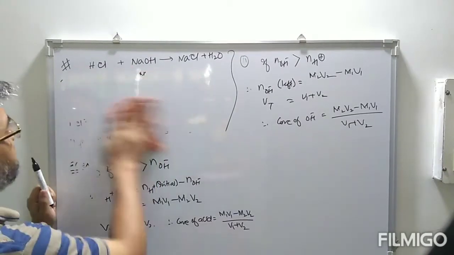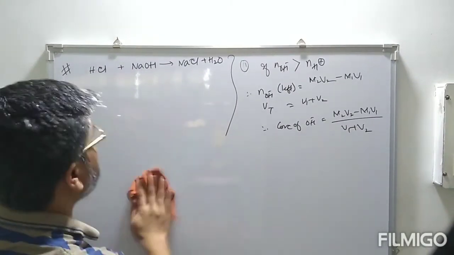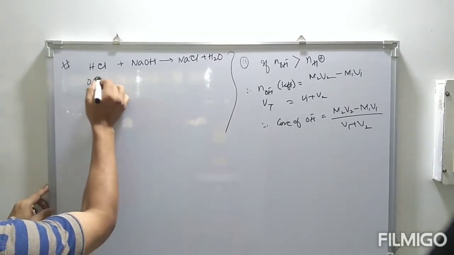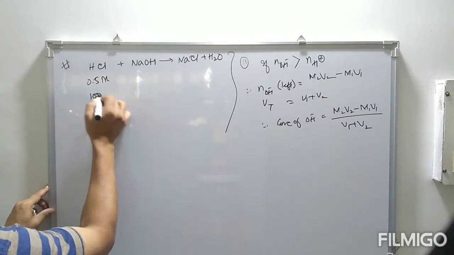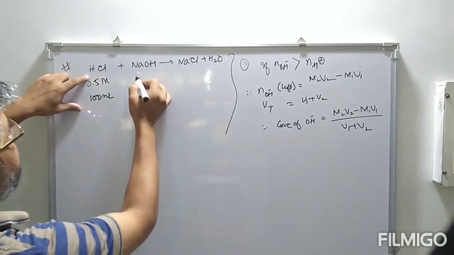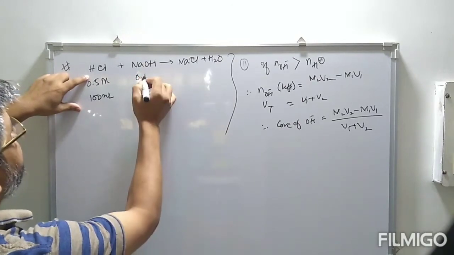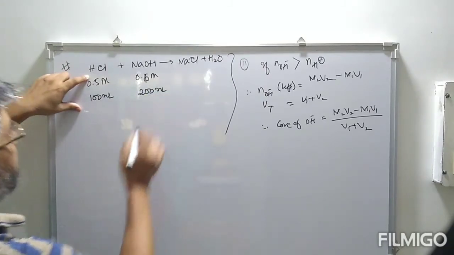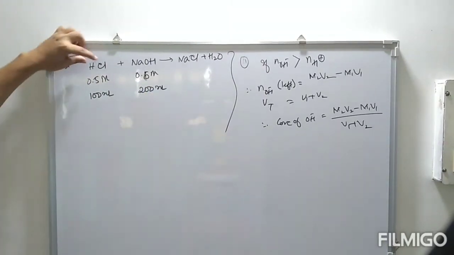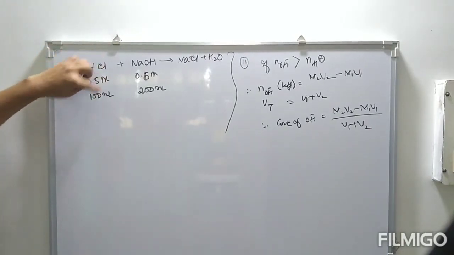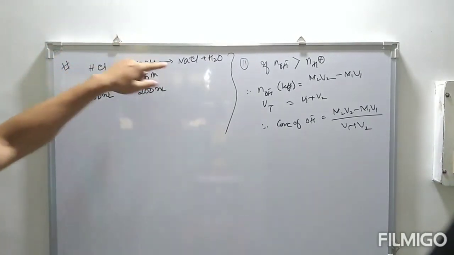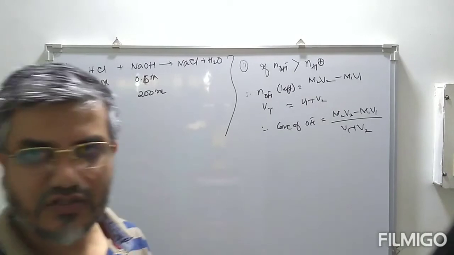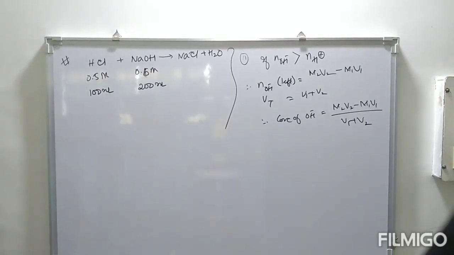Let's take this. Suppose we have HCl, 0.5 molar, 100 ml, and sodium hydroxide, 0.5 molar, 200 ml. Now after this, we have to find the concentration of acid or base left unreacted.